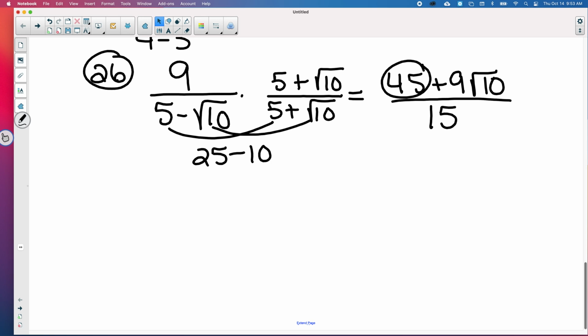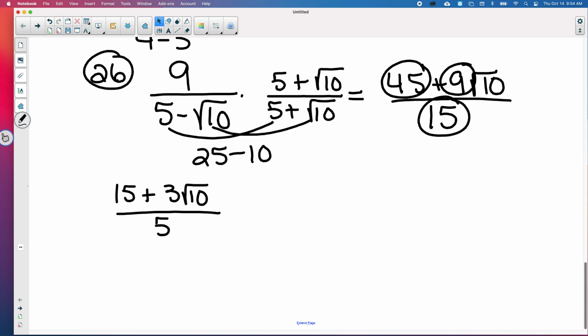Do all three of these numbers have a common factor? 3. So you should divide them all by 3, which should give you 15 plus 3 radical 10 all over 5. Okay, so that should be your final answer there.